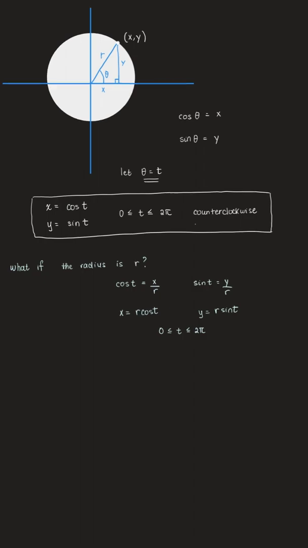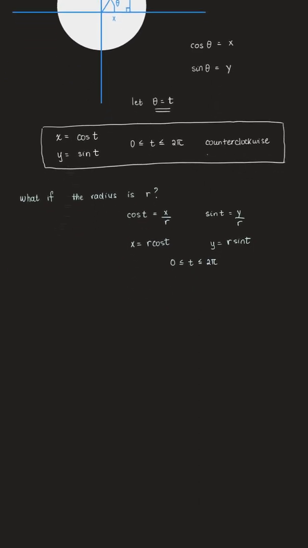Let's continue to change things a little bit so we can generalize further. What if instead of having the center at the origin, we would like to have the center at x0, y0? Well, this just means that we're going to shift. We need to do a shift.